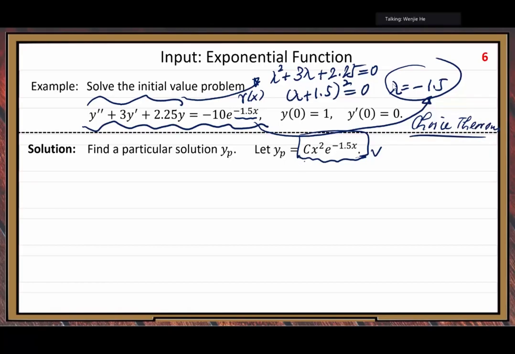Then the C, that's the undetermined coefficient. You need to determine that C. Because after you represent the right structure for the solution, you take derivatives, first derivative, second derivative, and plug in. So you will be able to find that C constant.